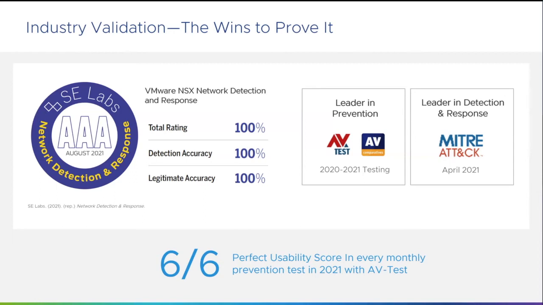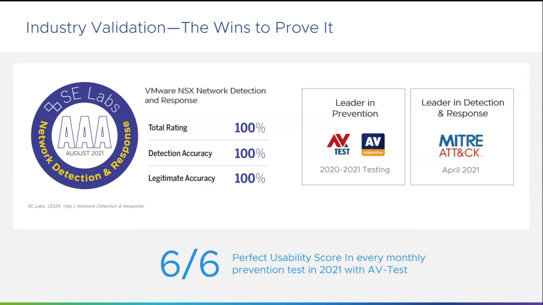And when it comes to prevention, this has been an area where we've been building out our next-gen antivirus capability on the endpoint. In 2021, we received a perfect usability score from AV Test, and that's their measure of false positives. And we received that perfect usability score in every single month of testing last year, so throughout the whole of 2021.